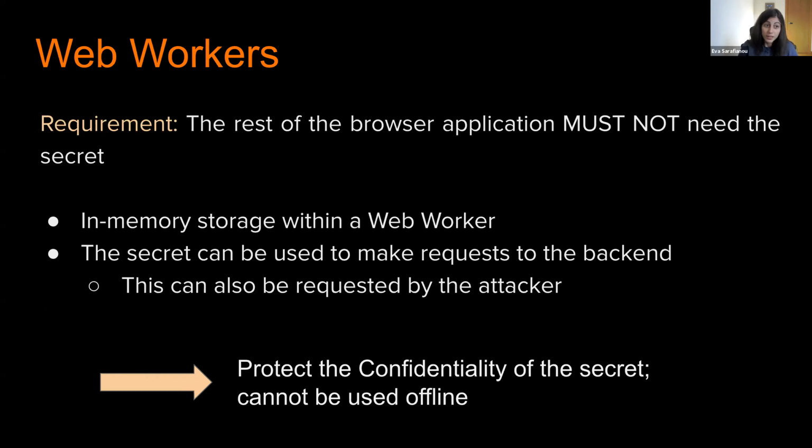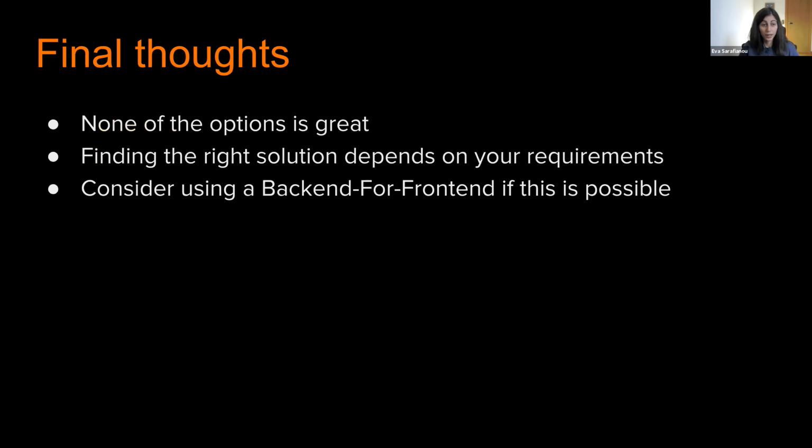And this is most of the things I had to say today. What I'd like to close with are some final thoughts: we see that none of the options are great. They have limitations, and some of them are definitely insecure.